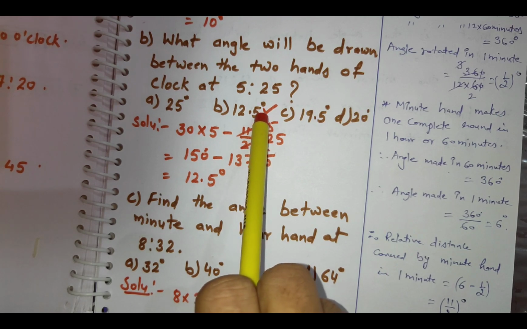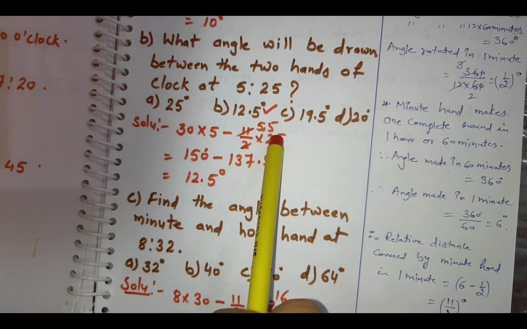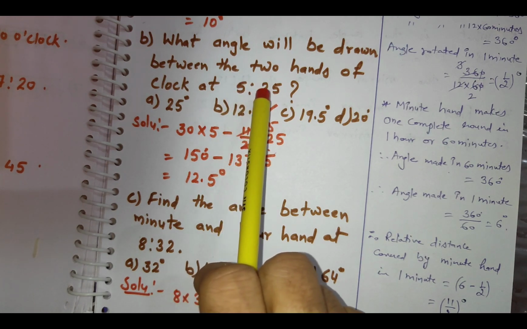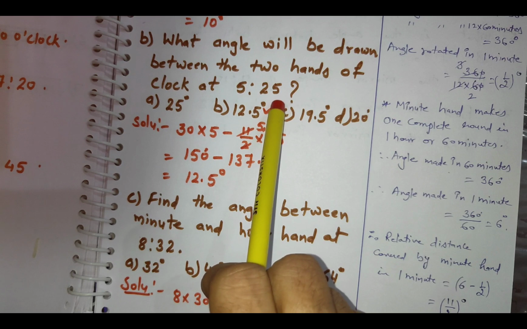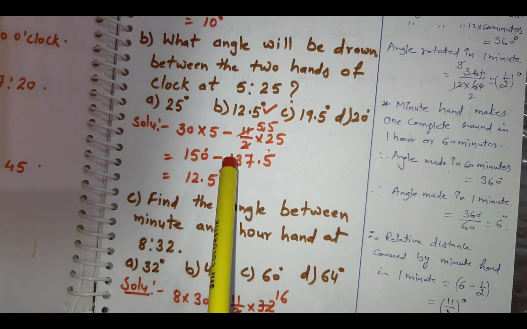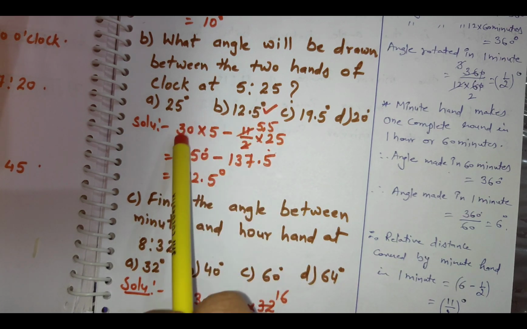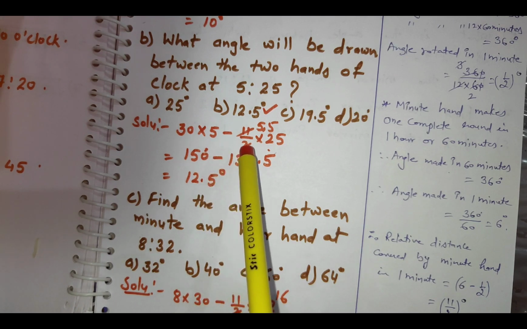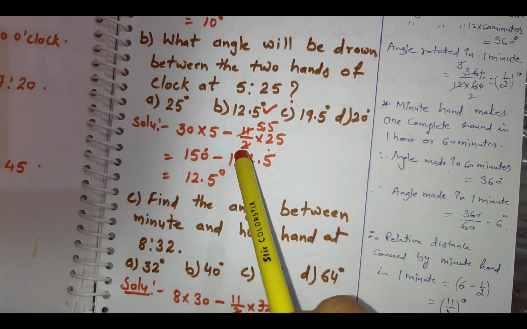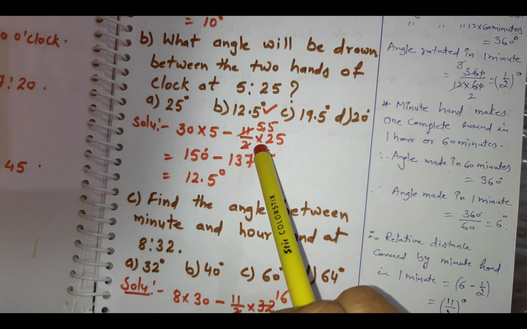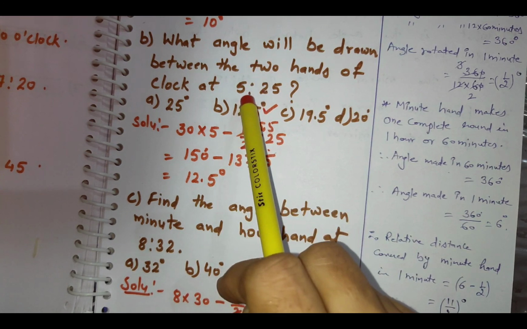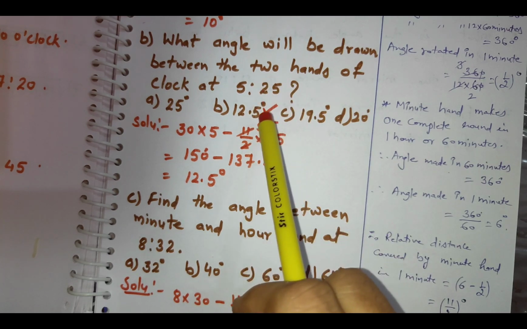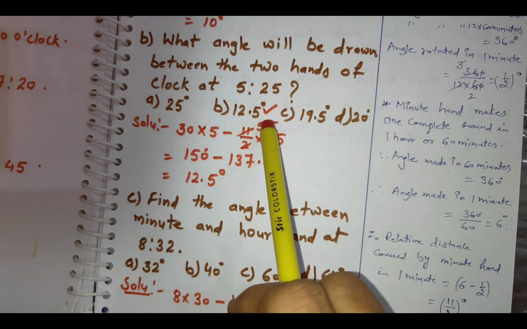It means we can conclude that whenever there is a relation of 1:5 in hour and minute, we don't need to do even this calculation. We have another shortcut, a fabulous shortcut. Just by looking at the question, I will just halve this. So 25 halved is 12.5, right?